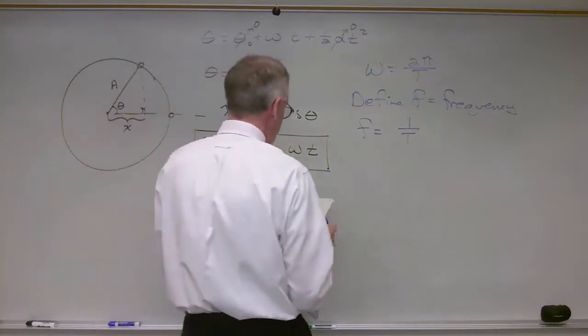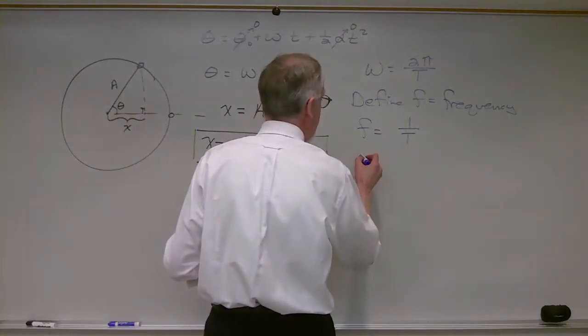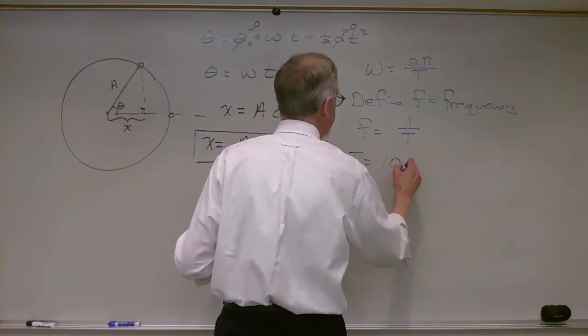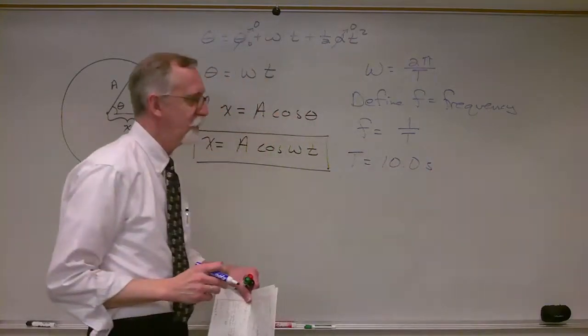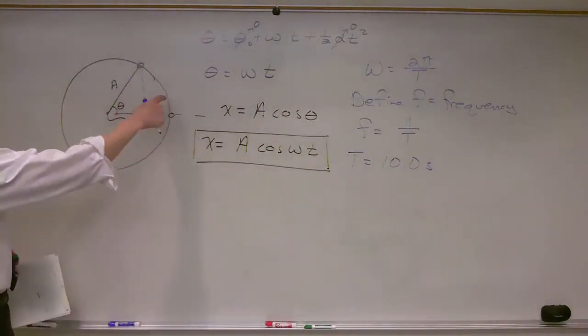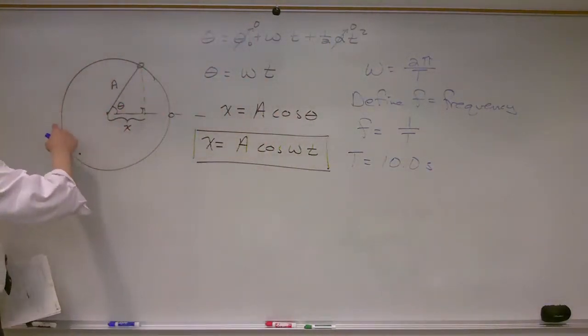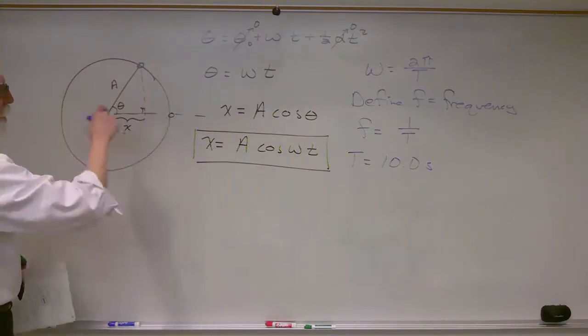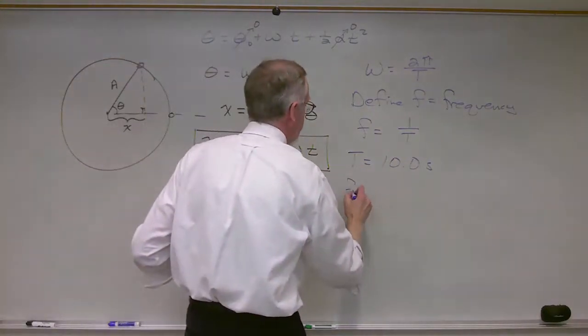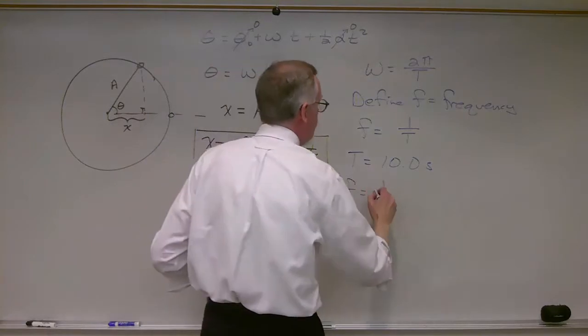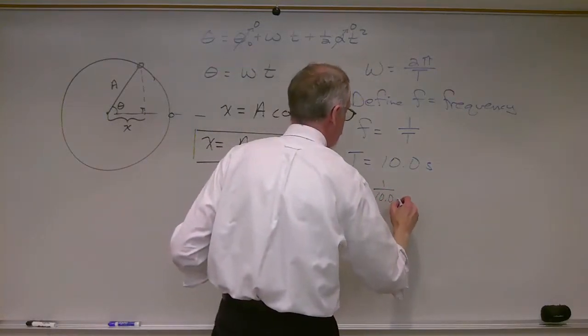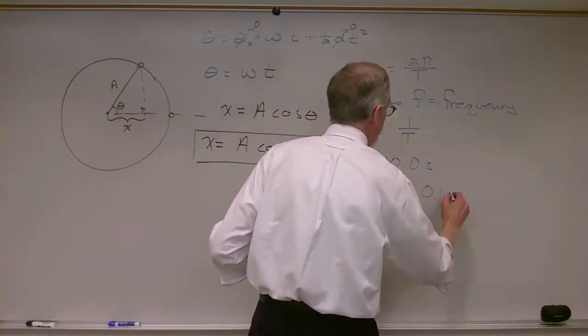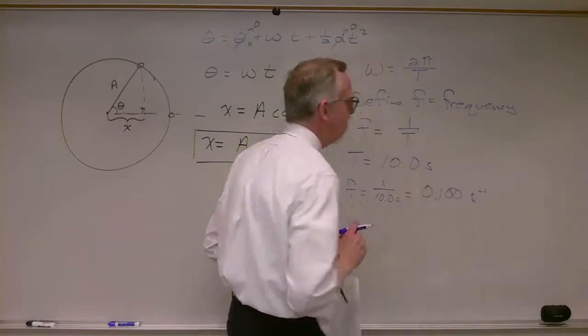For example, let's imagine a period of 10 seconds, so that means it takes 10 seconds for 1 revolution. The frequency would be 1 divided by 10, or 0.1 inverse seconds.